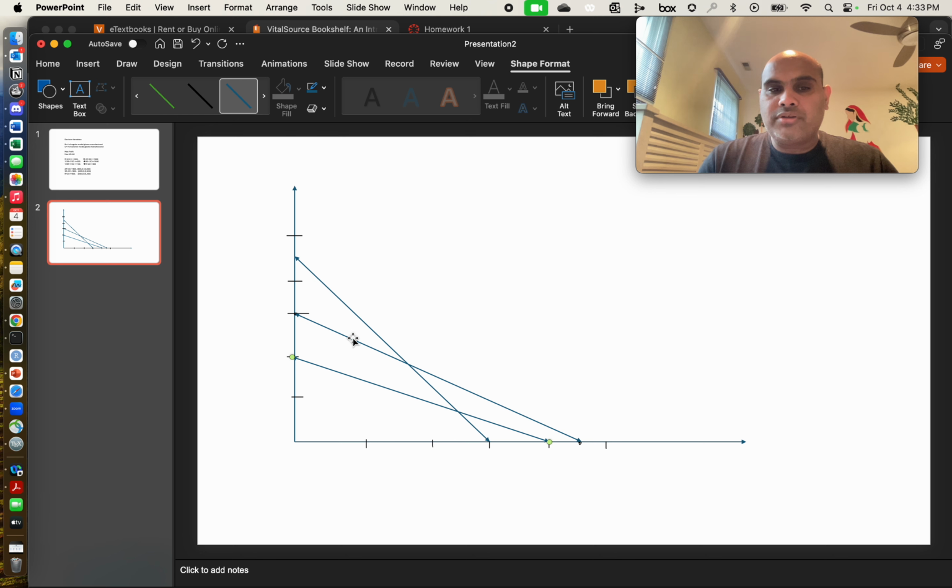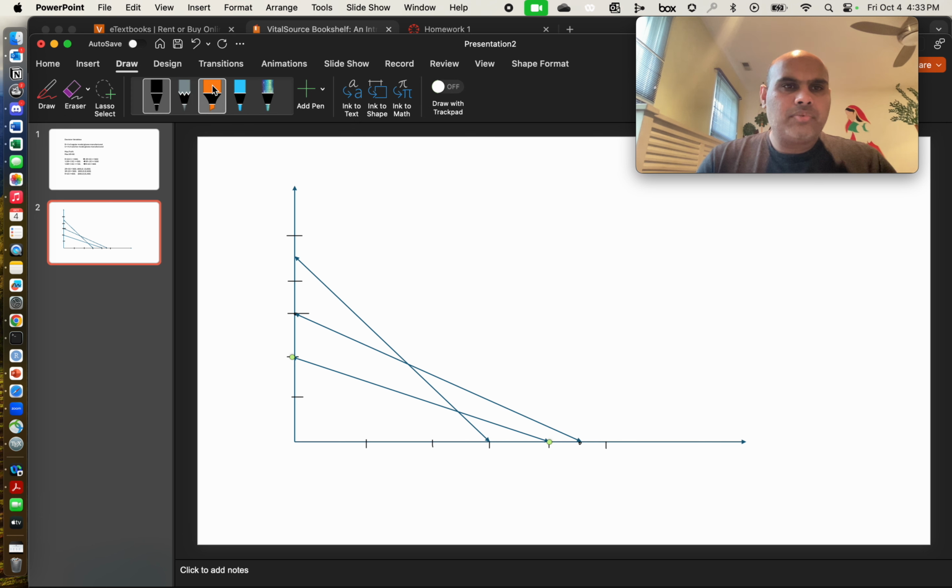You could have worked without this, because right now, if you look at the feasible region, right here, this here is the feasible region. Everything here.